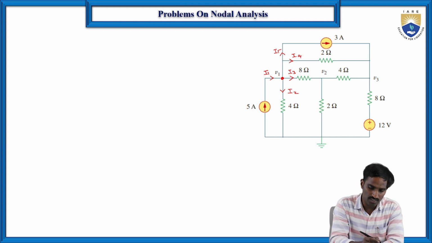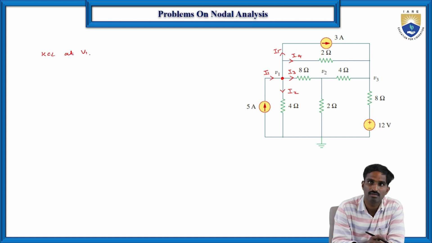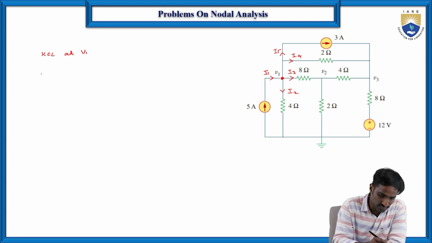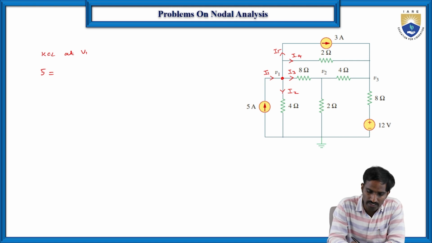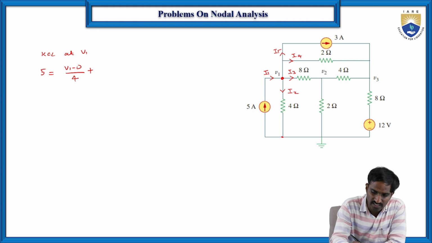As we know, according to KCL at V1, what are the entering currents? Only one entering current is there, which is 5 amperes, and that is equal to the leaving currents. So I2 is V1 minus 0 by 4, because the potential there is 0 as we considered, plus I3 is V1 minus V2 by 8.